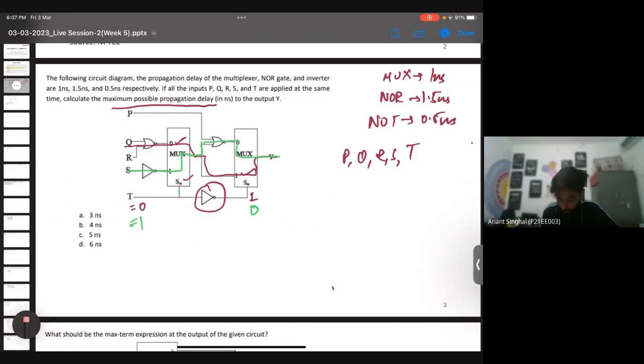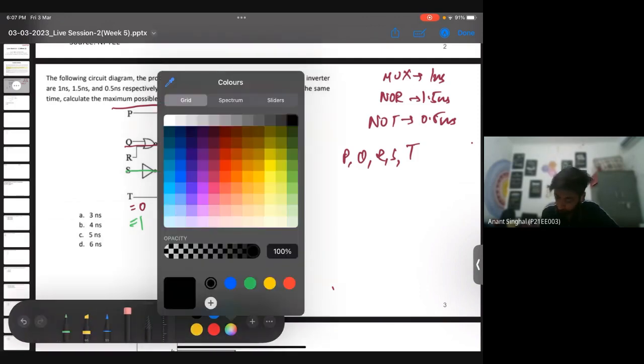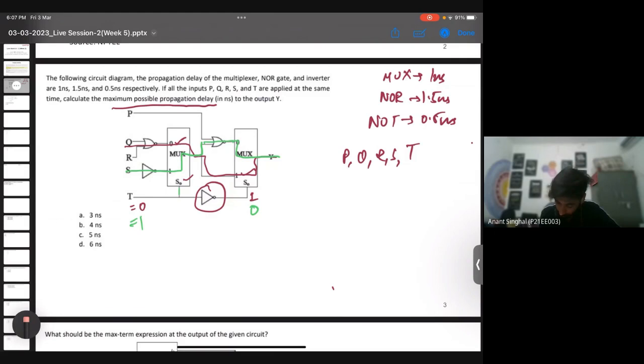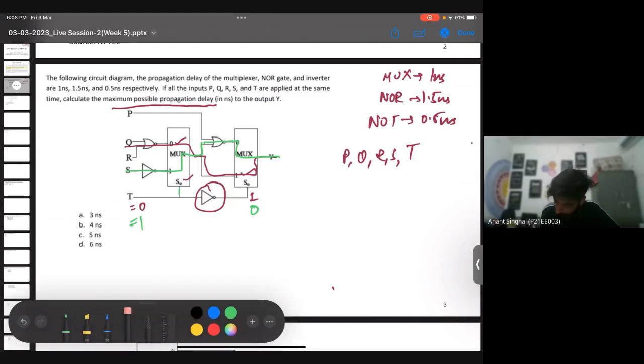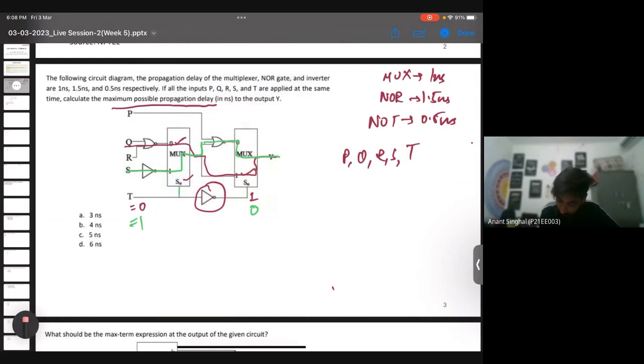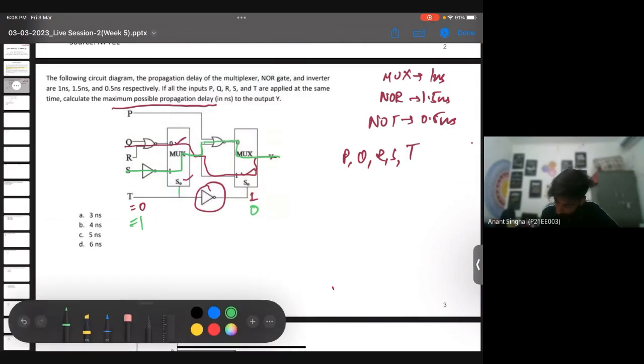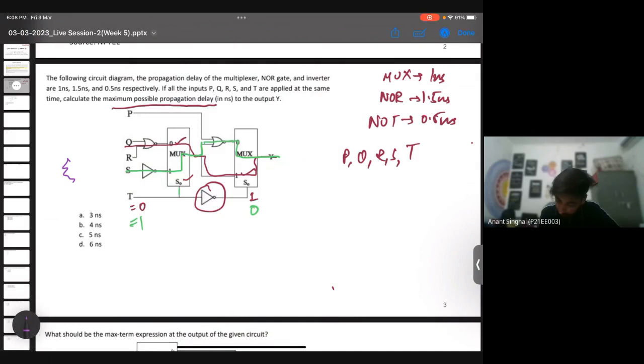So if I talk about the purple one, the propagation delay for the complete circuit, if I take T as 0, will be: there will be a propagation delay for the NOR gate, then a propagation delay for this mux 1, then there will be no propagation delay, and then a propagation delay of this mux 2.